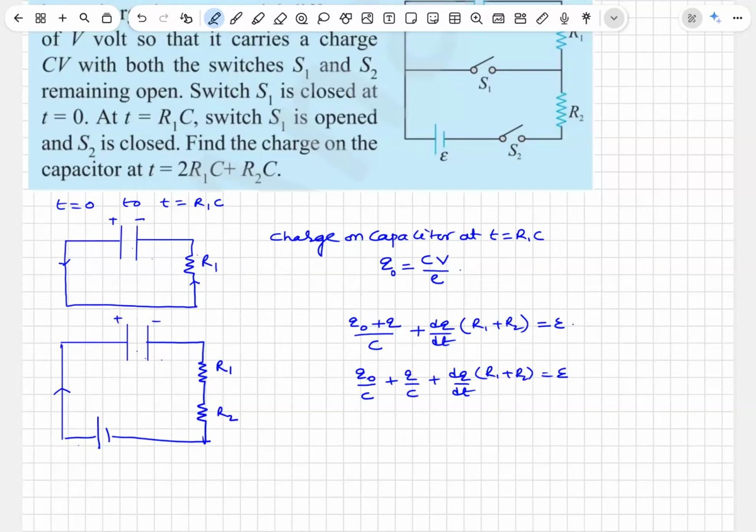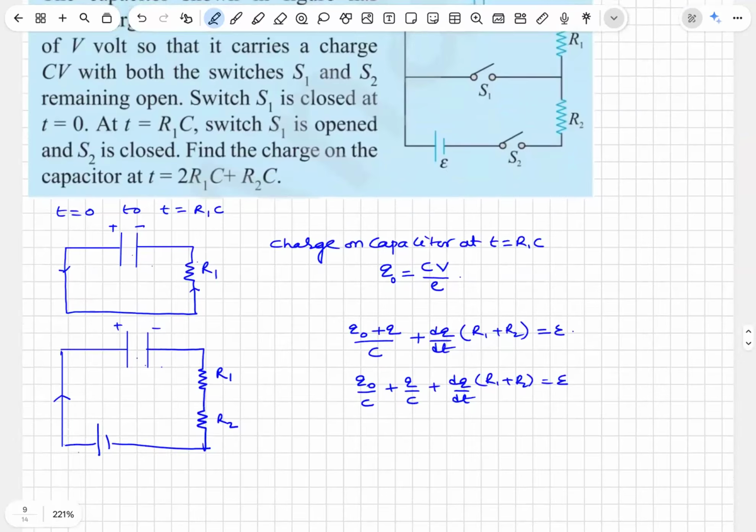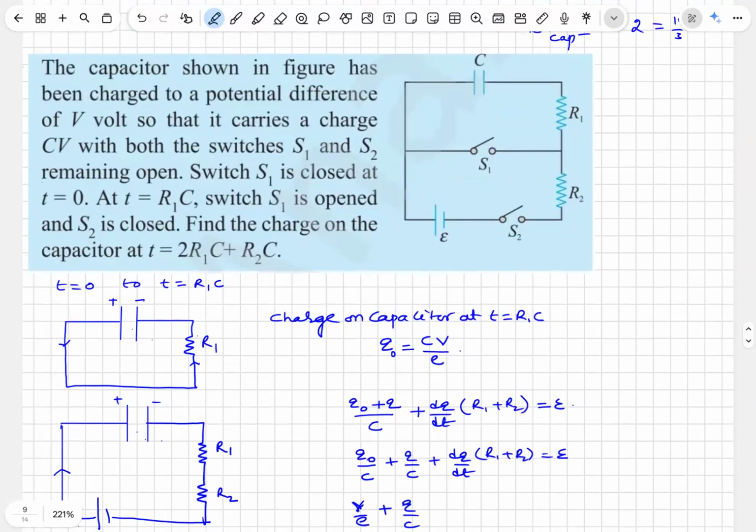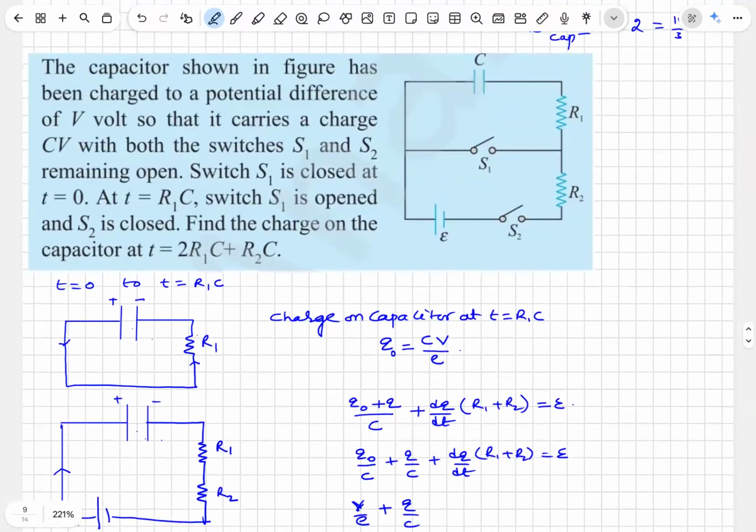Q naught by C is V by E actually, right? I just have a doubt. Whether I go for E or V?